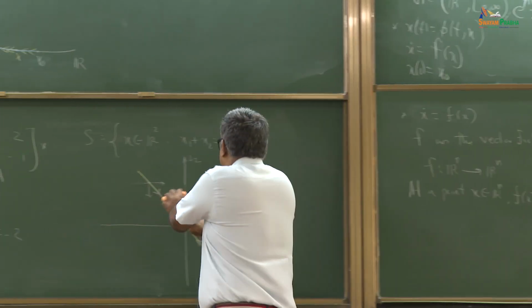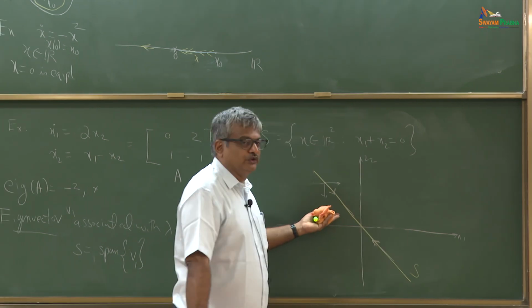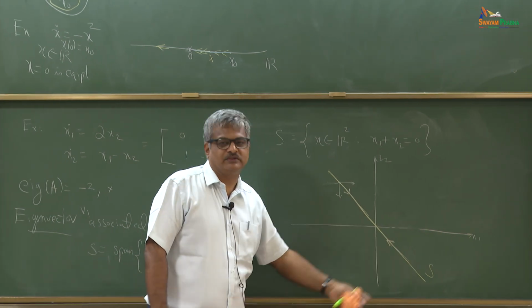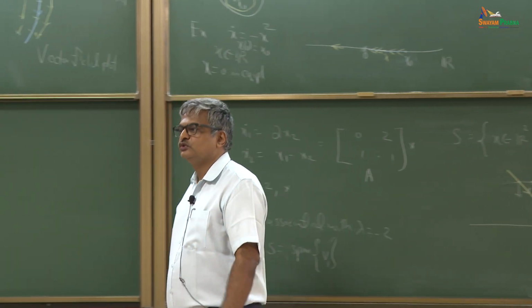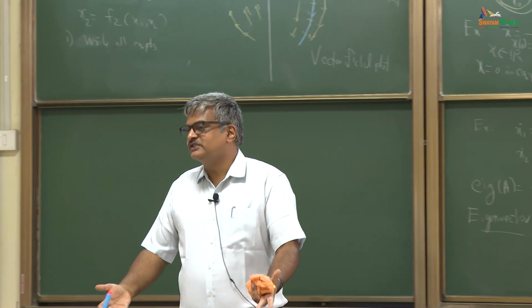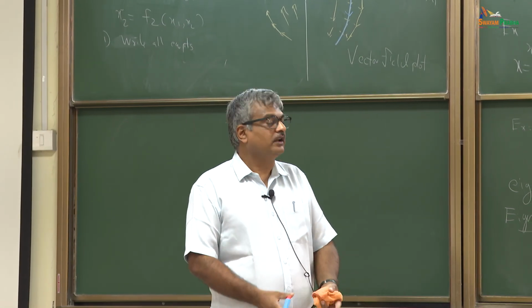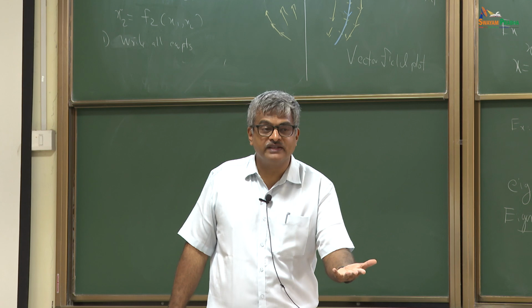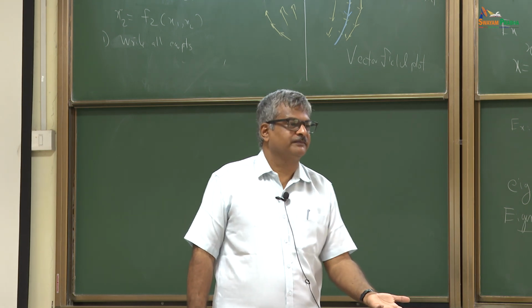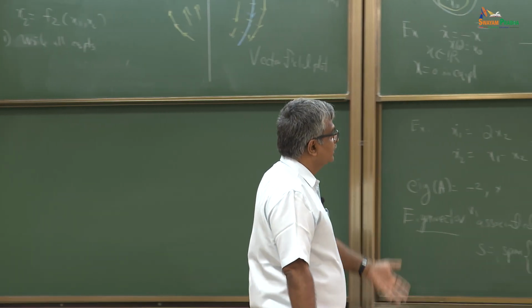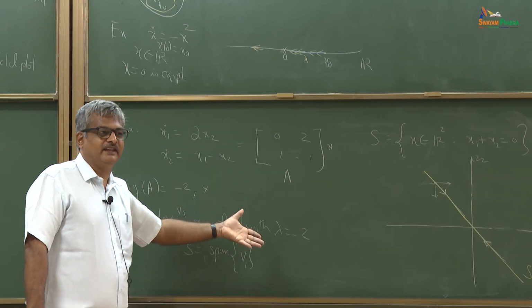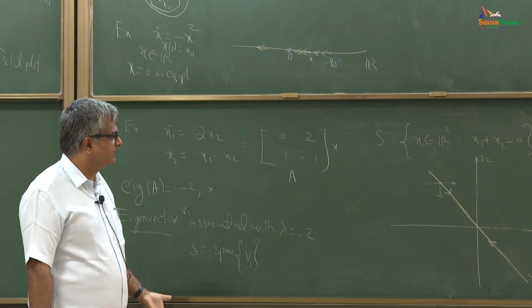Even if it was diverging, it is still positively invariant as long as you remain on this surface. So the span of eigenvectors, that is, the eigenspace, is an invariant subspace. You see the notion of invariance is there even in linear systems.